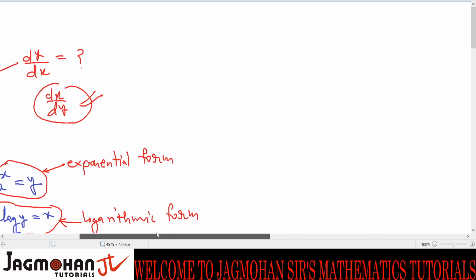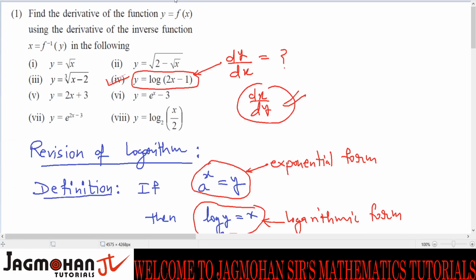Your assignment will be to solve question number 6, where you will have y plus 3. You will first write it in the form x equals f inverse of y. So this will be y plus 3 equals e raised to x. How will you solve this? The next step: y plus 3 equals e raised to x.